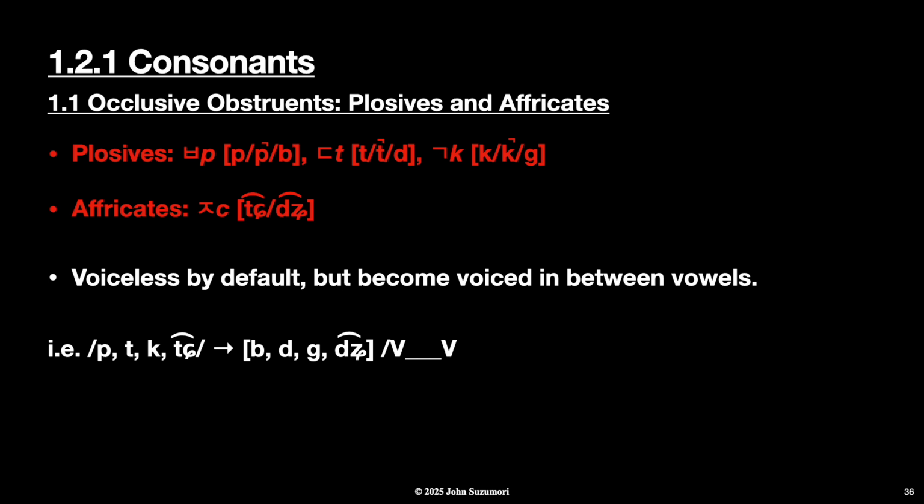Plain occlusive obstruents are voiceless by default. However, they become voiced when they occur in between vowel sounds. This phenomenon is also exclusive to occlusive obstruents when compared to other consonants.